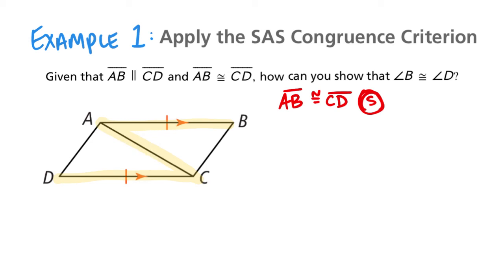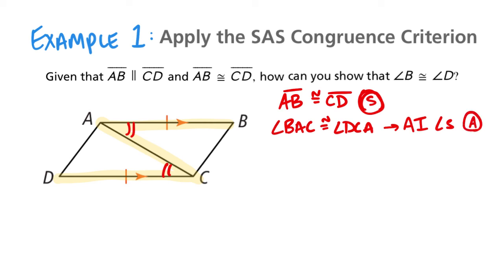And in doing that, what I might notice is that angle BAC would have to be congruent to angle DCA, because those are alternate interior angles. And since I have parallel lines, I would know from back from chapter 2 that these alternate interior angles have to be congruent. And now that's a pair of angles that are congruent between these two triangles.